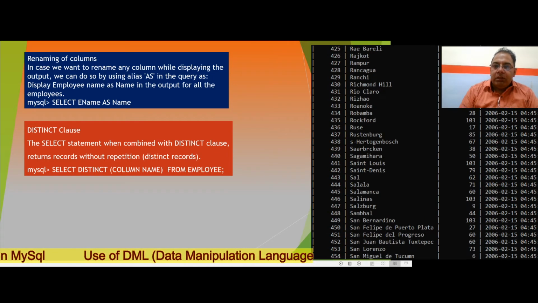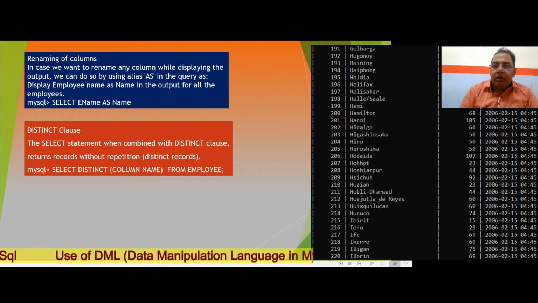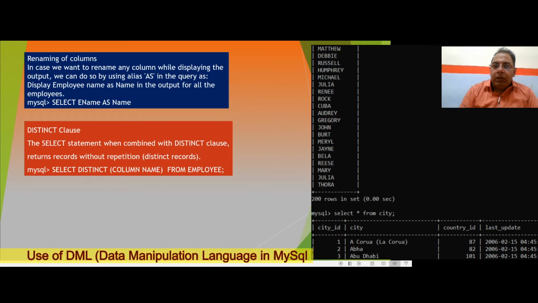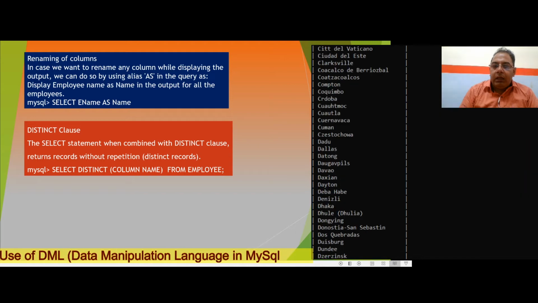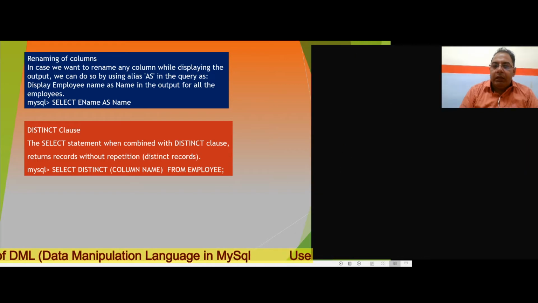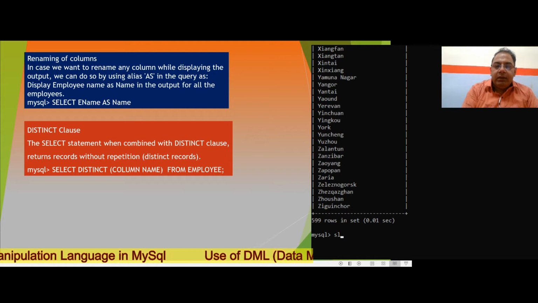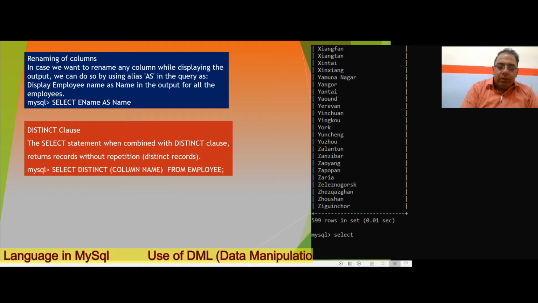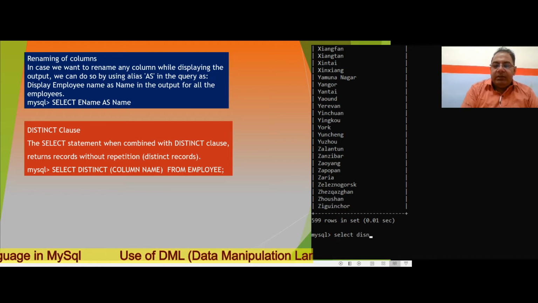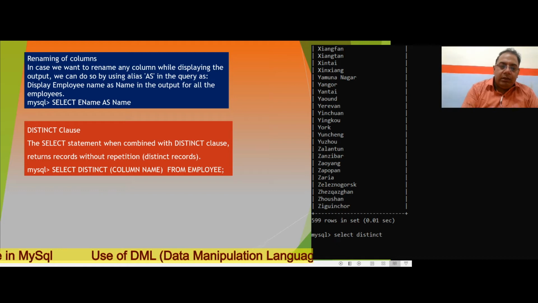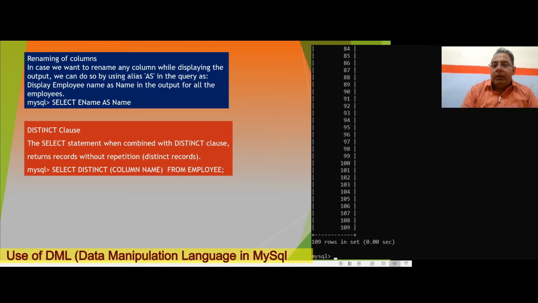Now this is the table where I have another look, and the column is country_id. For the same, I will just write down here select distinct country_id from city, semicolon, and then go through.